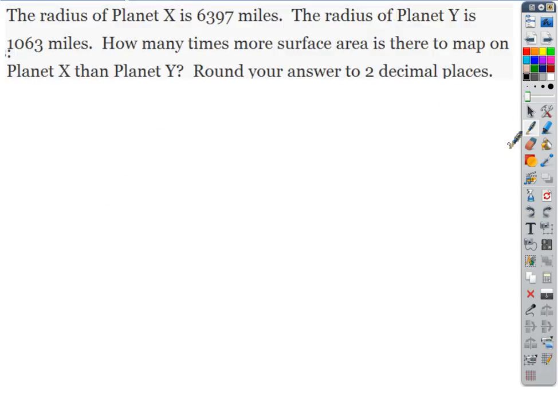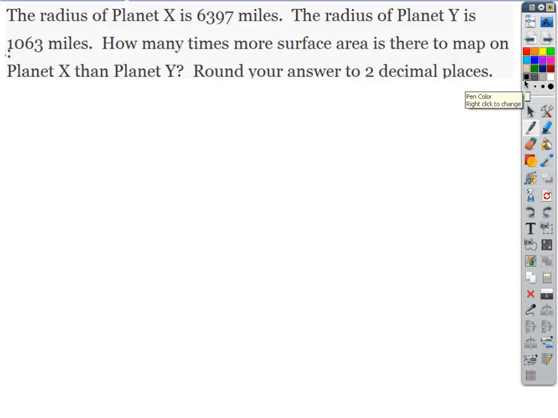Okay, so let's calculate the surface areas of both first. So we know surface area of a sphere is just 4 pi r squared, right? So the surface area of X would be 4 times pi times 6397 squared. I'm going to get square miles for my answer, right?